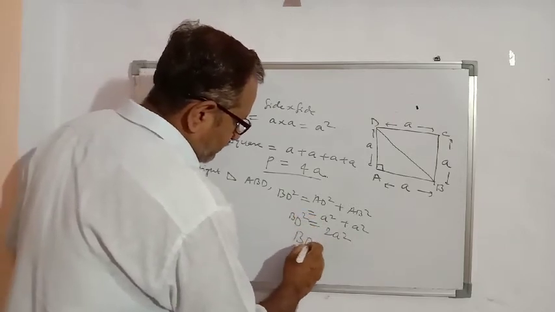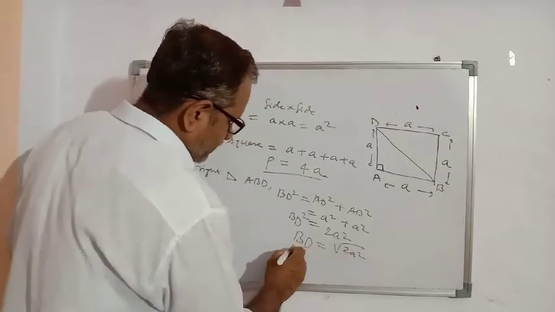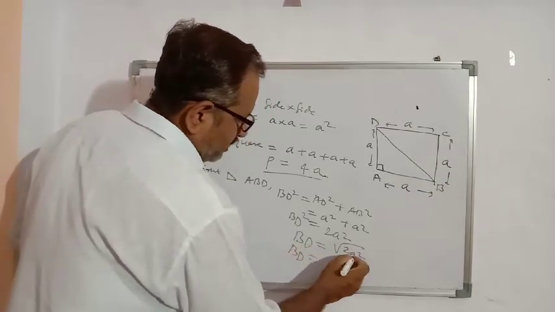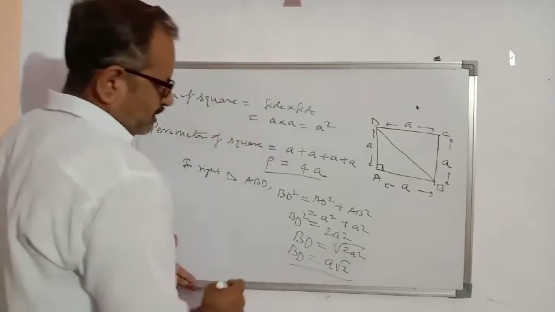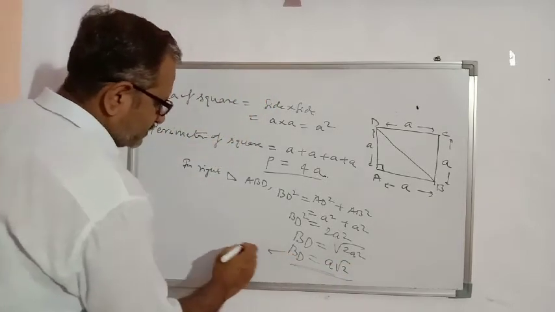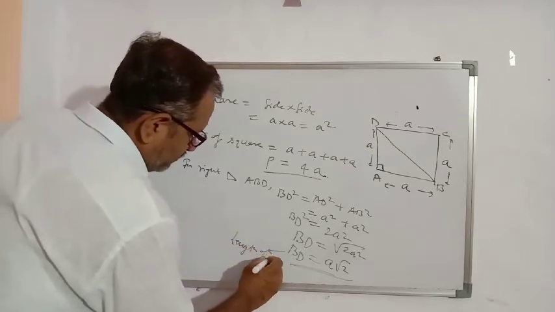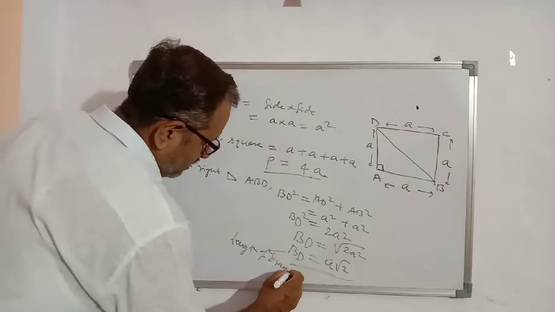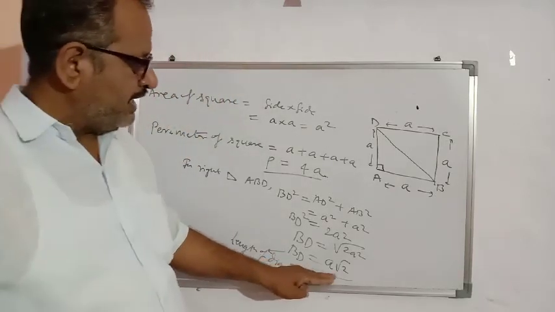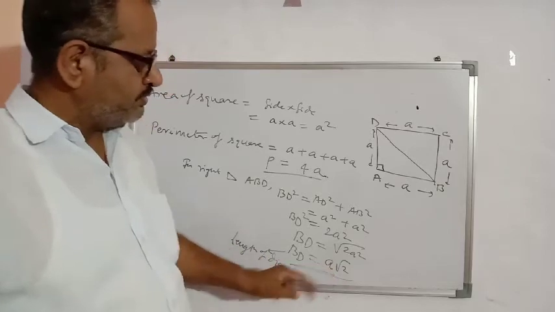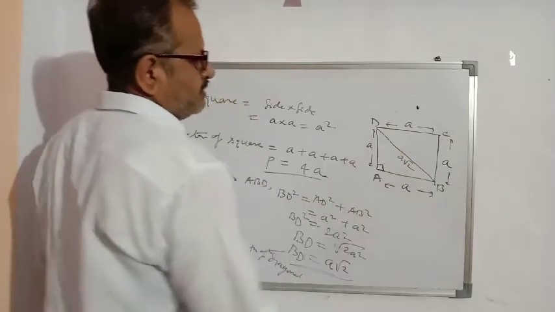So therefore BD will be square root of 2A square. Square root of A square is A, so A root 2 is the length of the diagonal. So length of diagonal of square is A root 2, means side root 2.